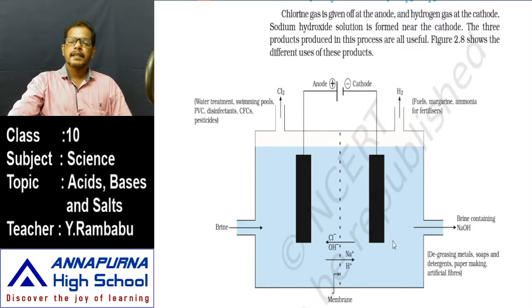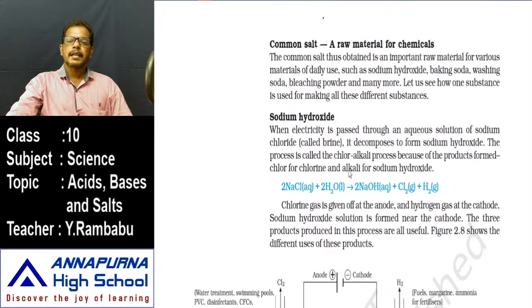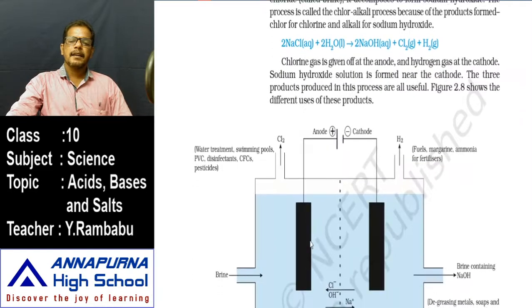And here, the negative terminal attracts positive ions. How are these positive ions produced? Let us observe. Water splits into H plus ions and OH minus ions, and NaCl splits into Na plus ions and Cl minus ions. These Cl minus ions are attracted by the anode, and H plus ions from the water are attracted by the cathode.